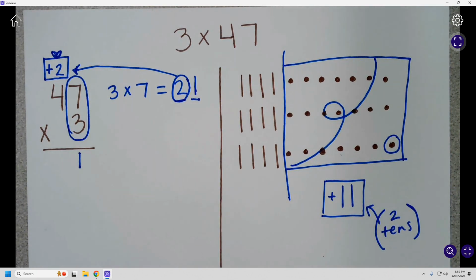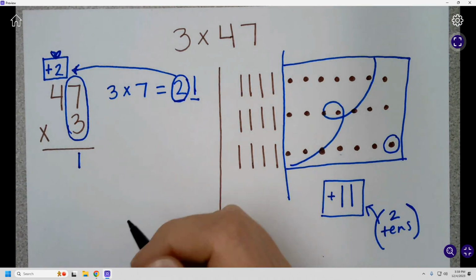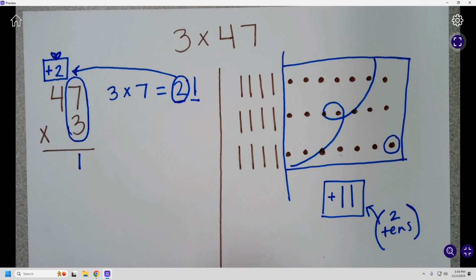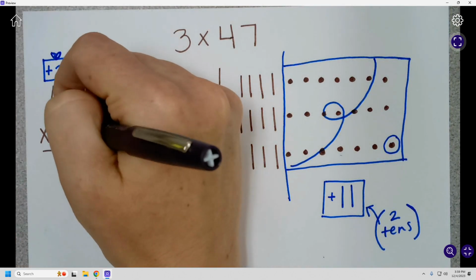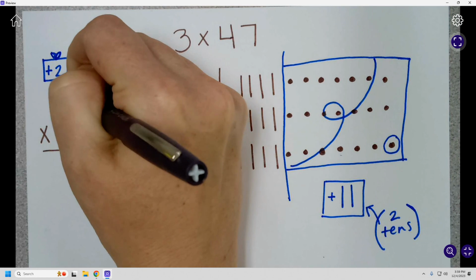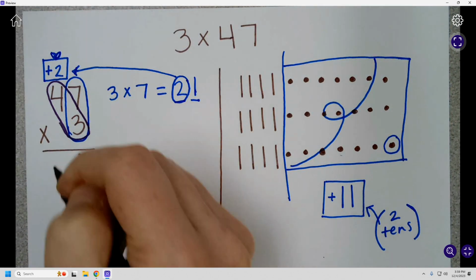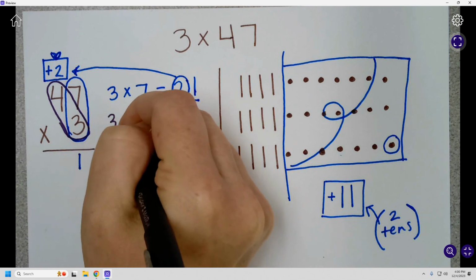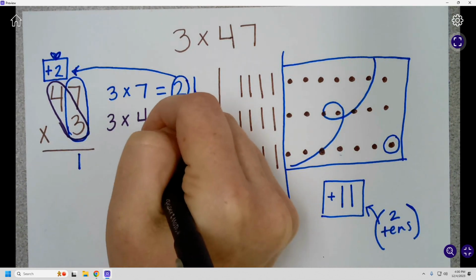Okay, and then I say repeat after me. Step 2, multiply the tens, multiply the tens. Okay, great. So that means we're going to take this factor of 3 and multiply it times the tens place. So here we have 3 times 4. Now this is 3 times 4 tens. I'm going to write it as a 4, but we know that this is actually 4 tens.